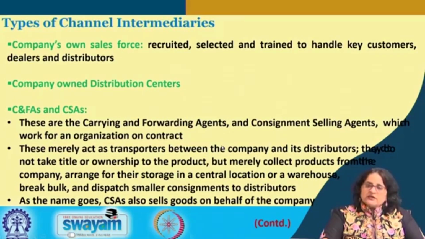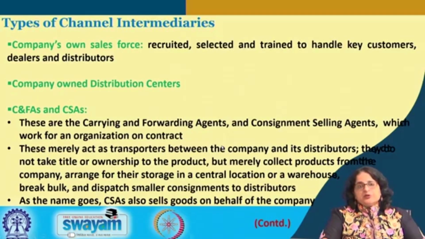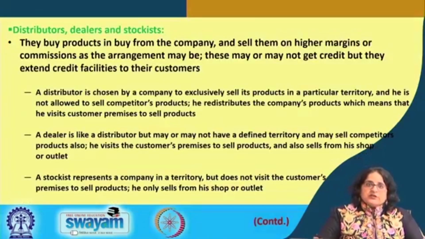They break bulk, and then they dispatch smaller consignments to distributors or to wholesalers. And as the name goes, in the case of CSAs, they also sell on behalf of the company. So the difference between the CFA and the CSA is that the CFAs do not sell the goods, but the CSAs also sell the goods on behalf of the company.